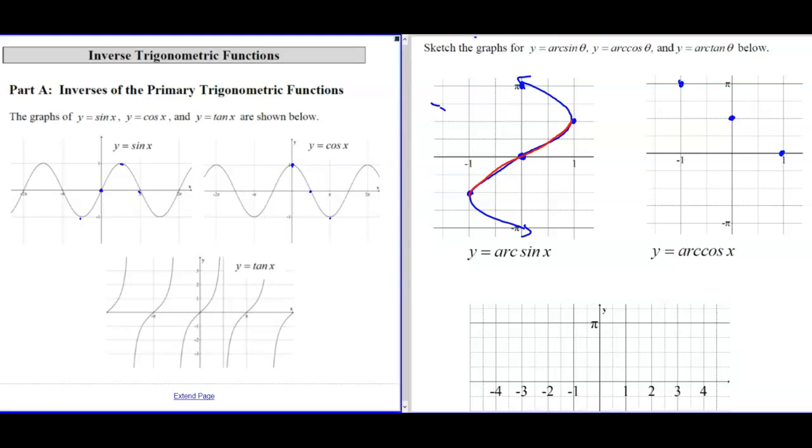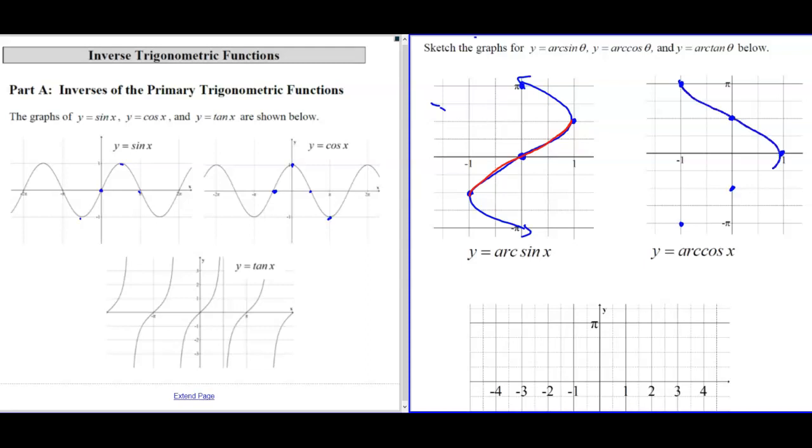If I go further, I'm not going to have graphs, so I'm going to go back to the negative here. (Negative pi over 2, 0) becomes (0, negative pi over 2). (Negative pi, negative 1) becomes (negative 1, negative pi). So basically it looks like this, approximately.